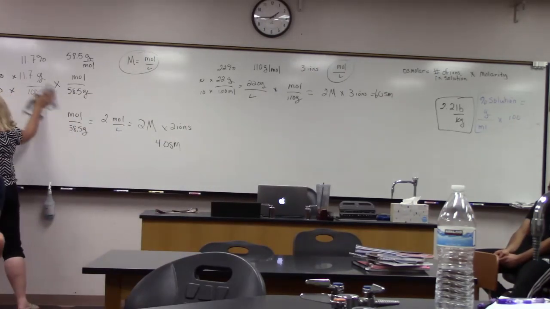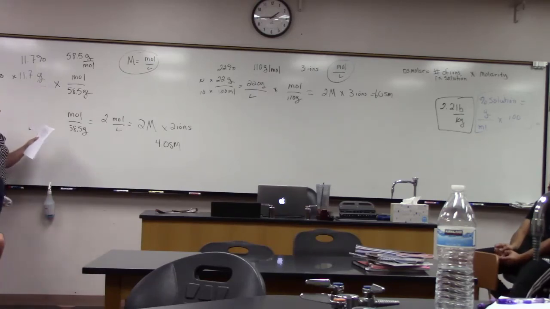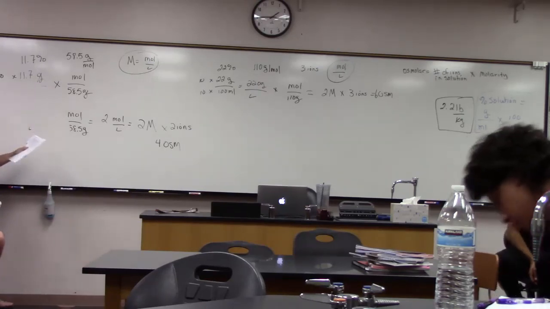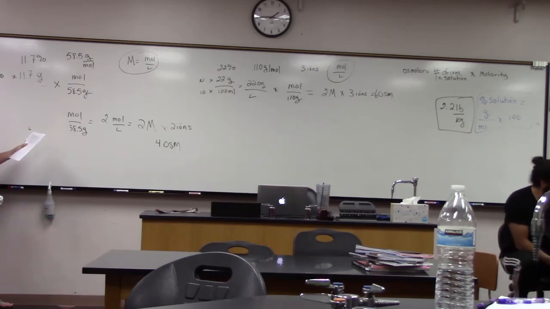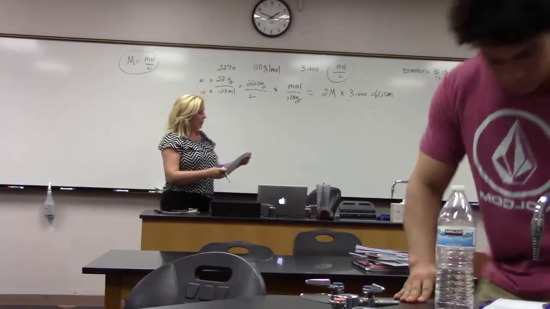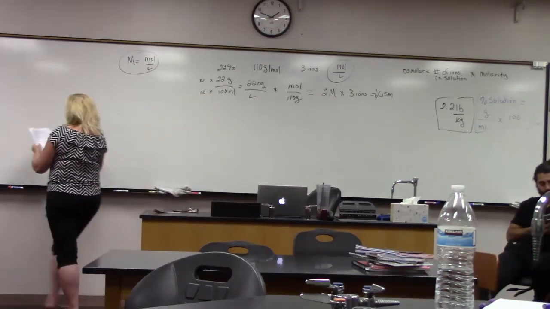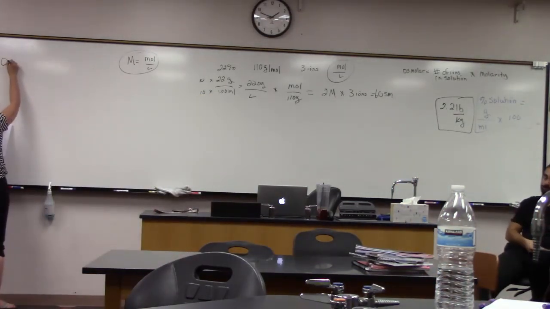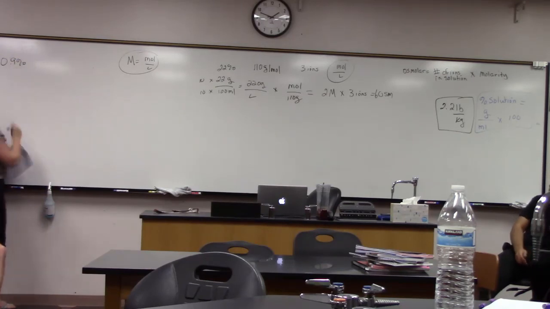Okay, let's try the next one. It says, I have a 0.9% solution of sodium chloride, which is isotonic to mammalian cells. What is my molar concentration? Okay, so let's go over this. We have a 0.9% solution of sodium chloride.